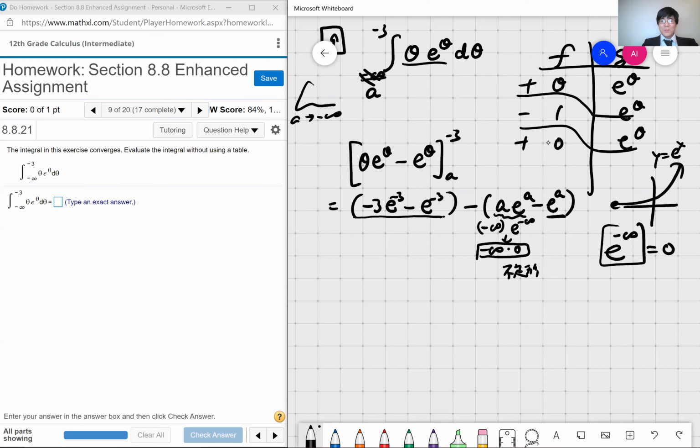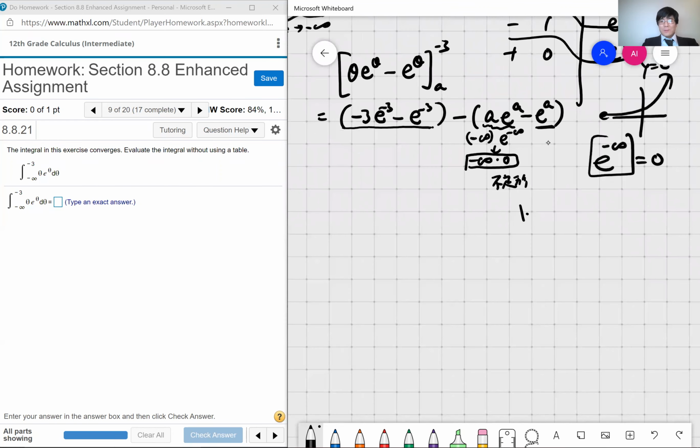So let's use L'Hopital. The hard part of this problem is this. And you can rewrite this one as a times e to the power of negative a.